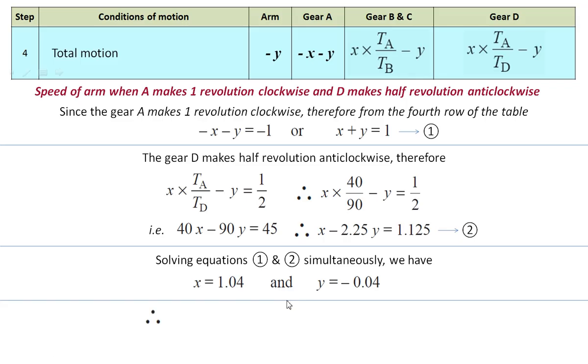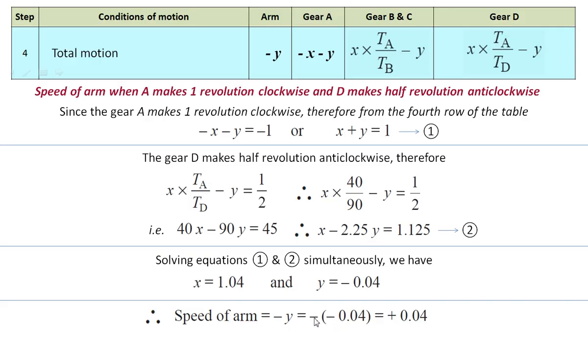Therefore, for the final answer for speed of arm, speed of arm is minus y as per the fourth row of our table. So substituting the value we got for y in the fourth row of arm, speed of arm equal to minus of y, substituting the value of y as minus 0.04.